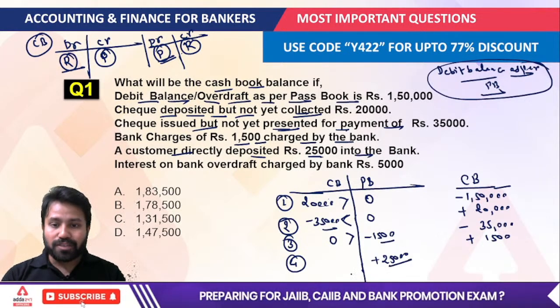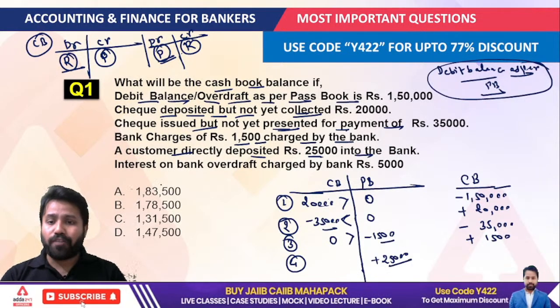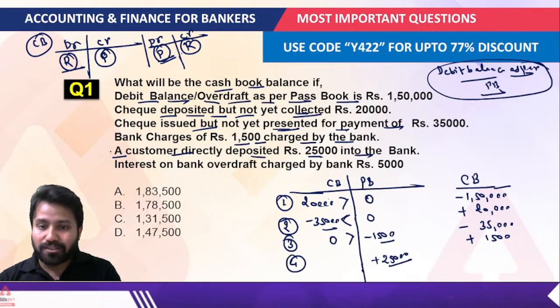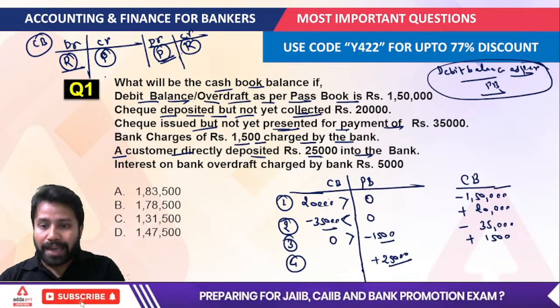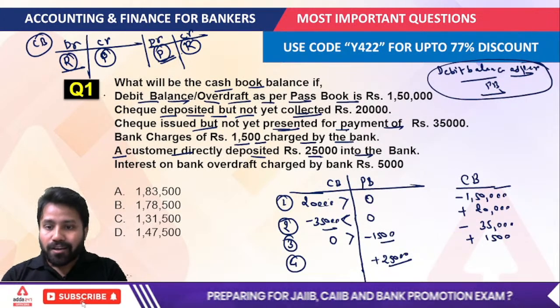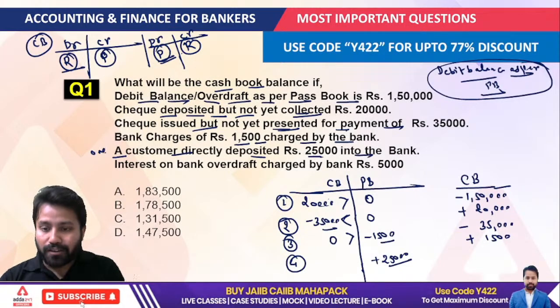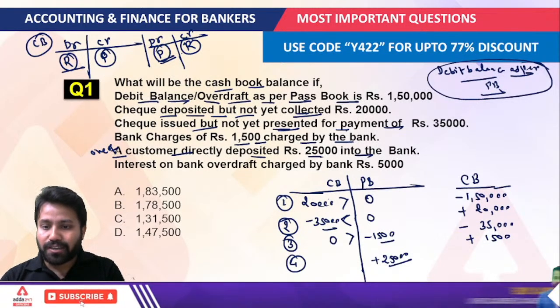Because the customer is not aware of that, because one of the customers directly deposited. We are talking about any company's cash book balance, right? So instead of a customer, understand it as one of the customers.